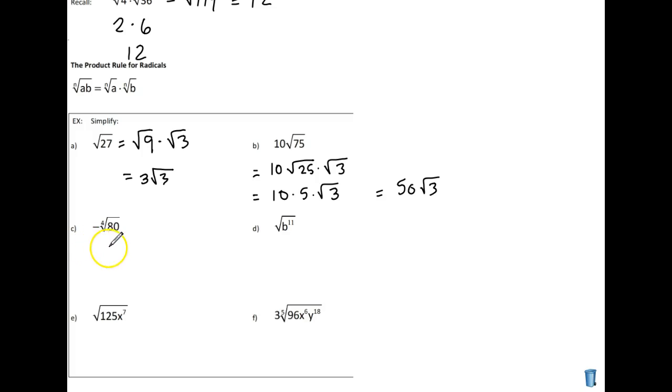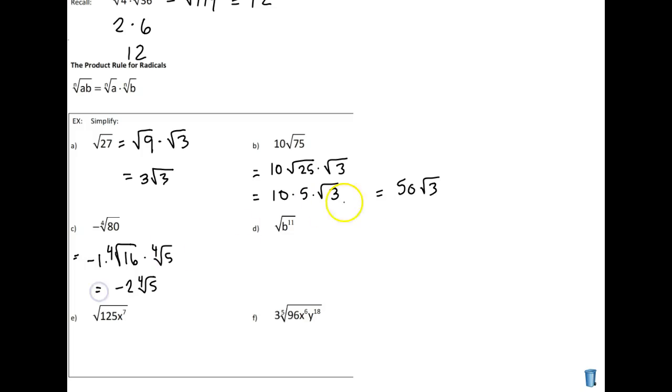So this becomes the fourth root of 16 times the fourth root of 5, because 16 times 5 is 80. Don't forget this negative 1 out here in front. So then this becomes the fourth root of 16, well, that's 2, so negative 1 times 2 becomes negative 2 times the fourth root of 5 here.